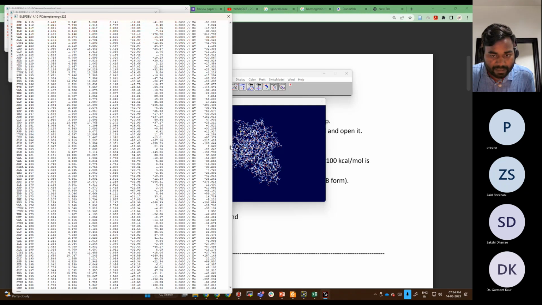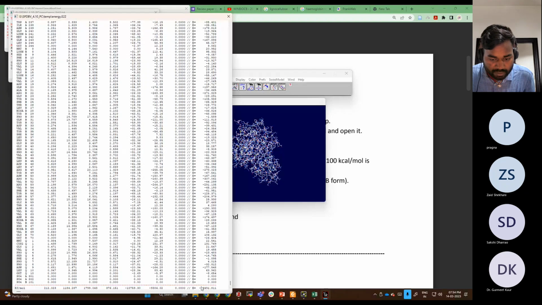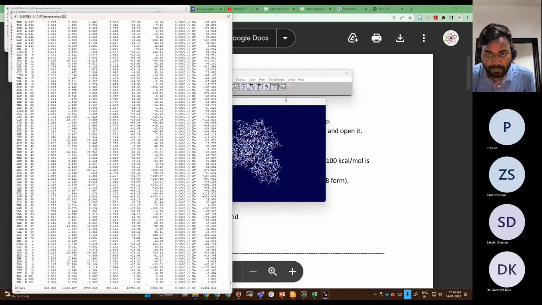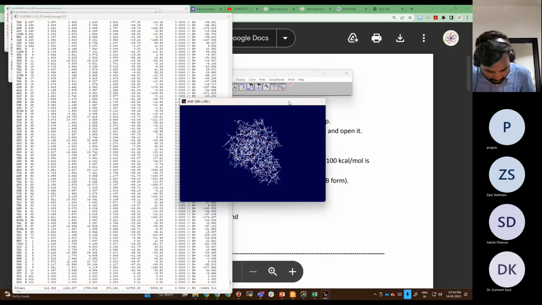At the end of the file, you will find the energy here. Its energy is 16.4 kilocalorie per mole. Now you again press Control N, and then you see what is the energy of the next layer.